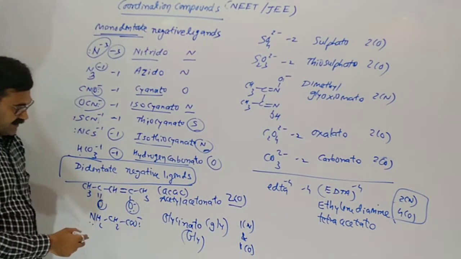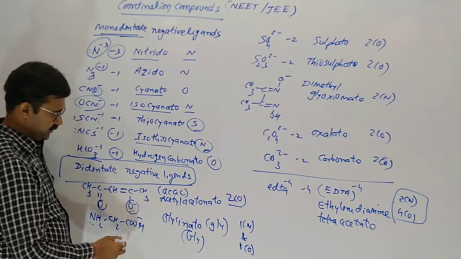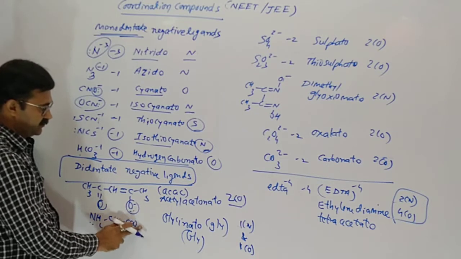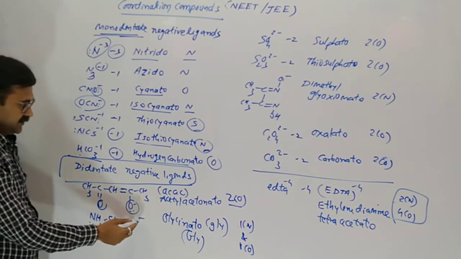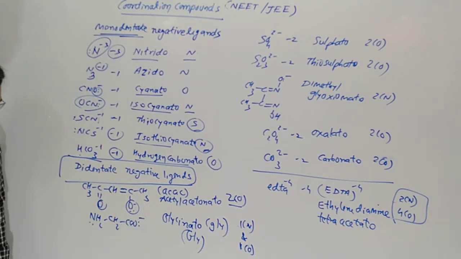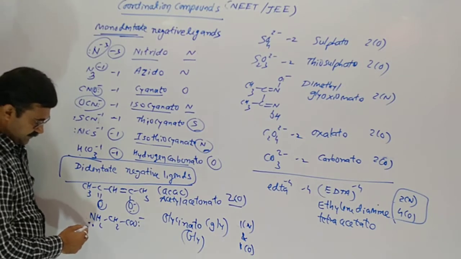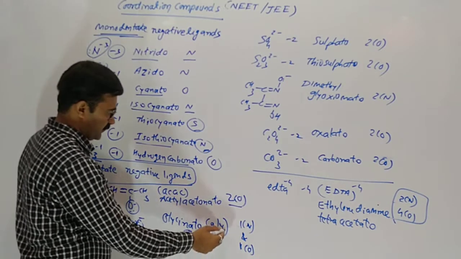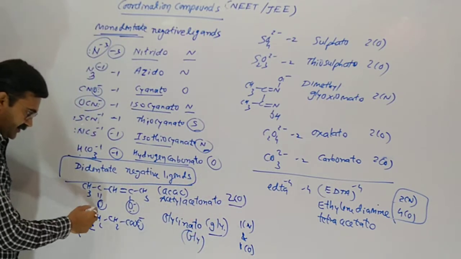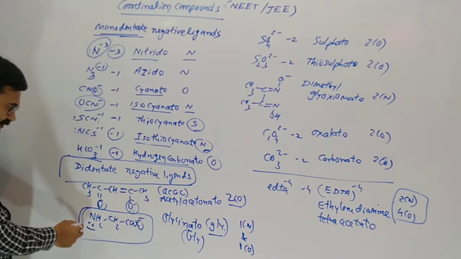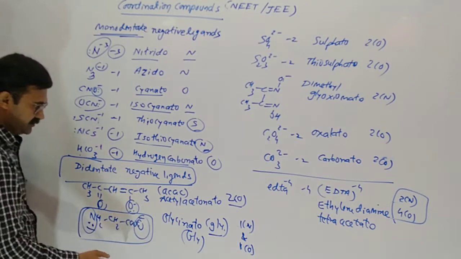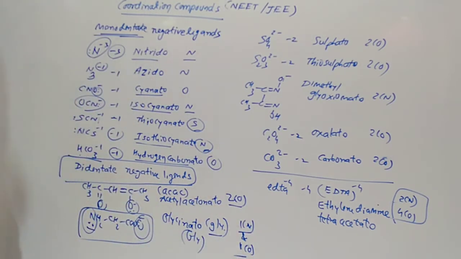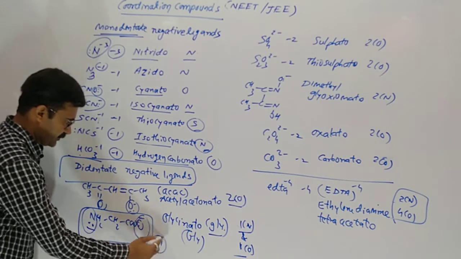Here is glycine. H is removed and it behaves like a ligand, glycinato. Here nitrogen and oxygen are the donors. In short form it is GLY. So in this ligand 1 nitrogen atom and 1 oxygen donate electron pairs. It is a didentate negative ligand having charge -1.